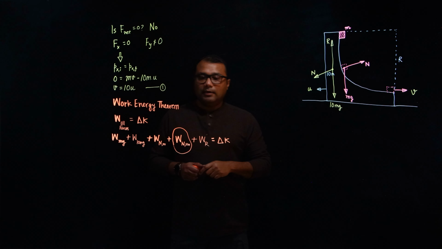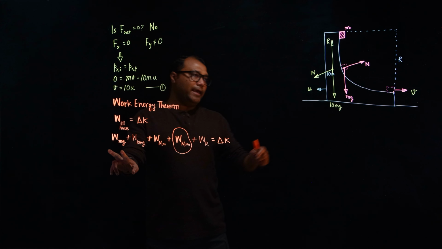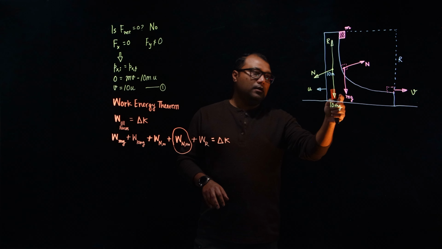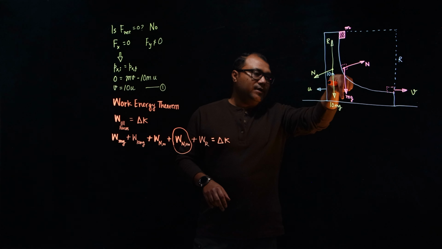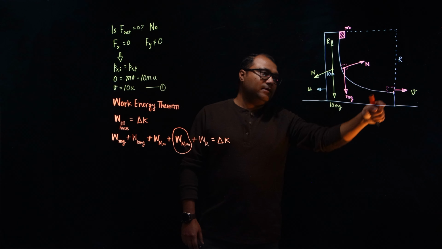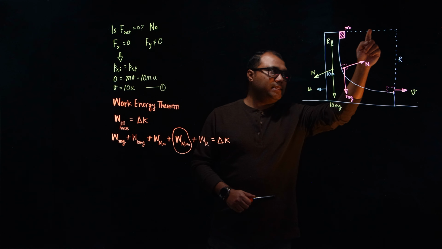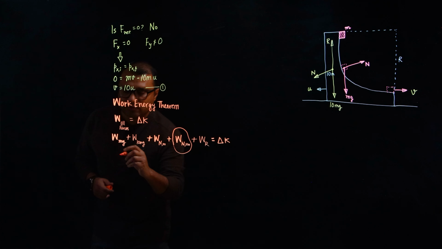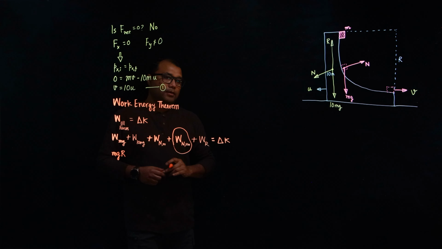That was a mistake. Okay, let's get to that. But before that, let's solve the other ones. Now, work done by mg: the force of gravity is downward and the net displacement in the y direction is r because the mass came down by r. So this is nothing but mgr. Easy one.